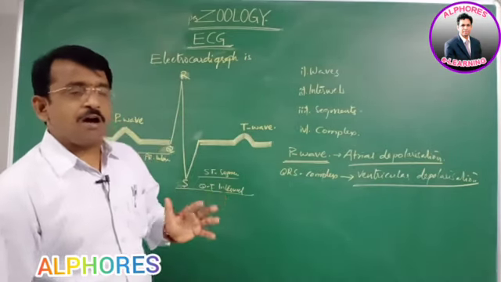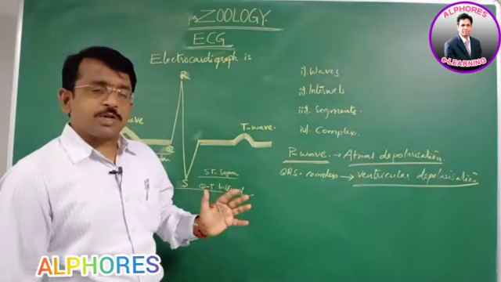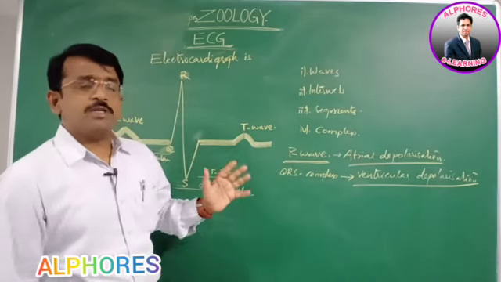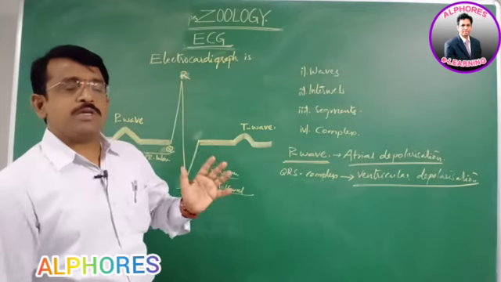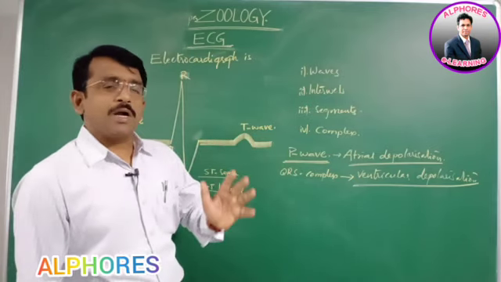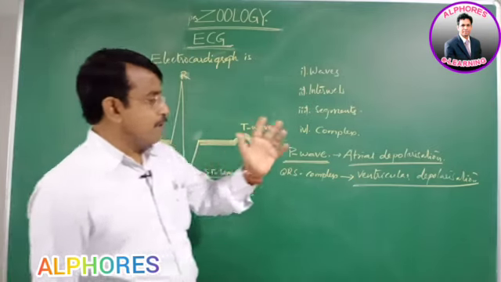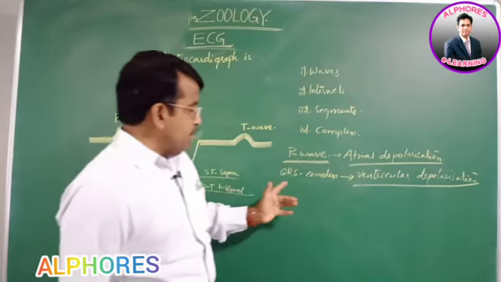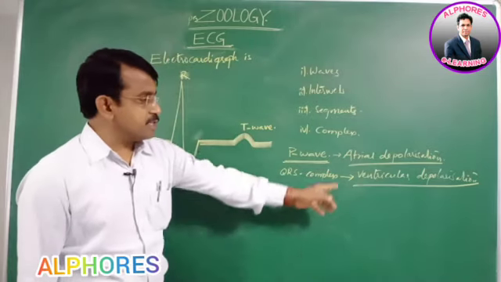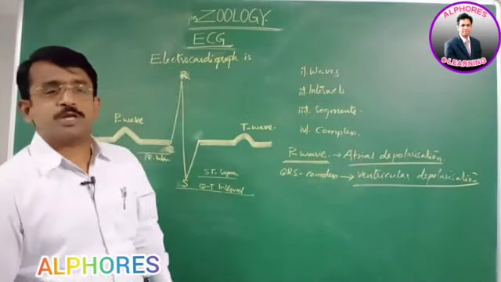So conduction of the electrical action potential from SAN to AVN to the bundle of His to Purkinje fibers to the walls of the ventricle is what refers to the QRS complex, which results in ventricular depolarization.